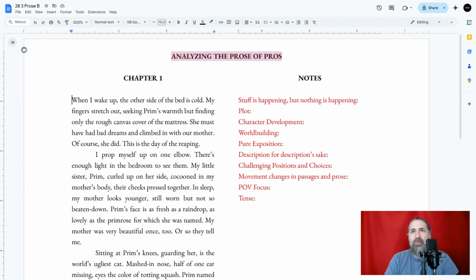If it is not through the POV of a character, then it becomes pure exposition or description for description's sake. And remember, a narrative is made up of both plot and story. Plot is what needs to happen no matter what, and story is how it unfolds through the emotional experiences and choices of your characters. So basically, if it's in the POV of a character, you're pretty much going to be creating story.